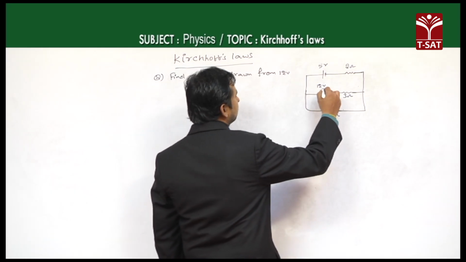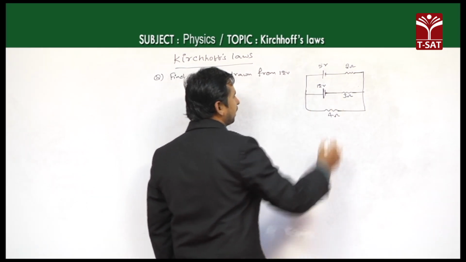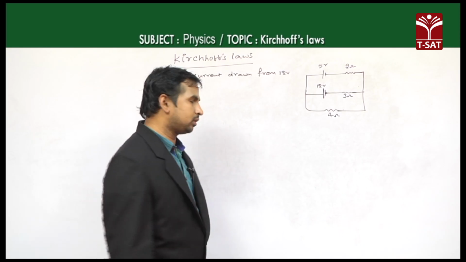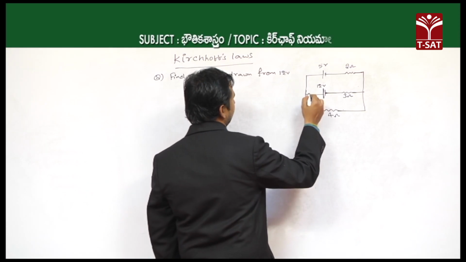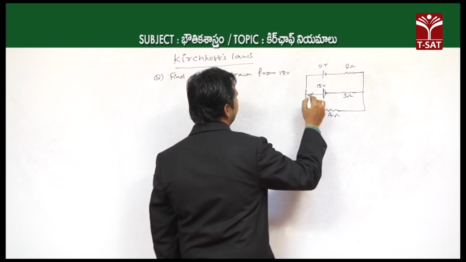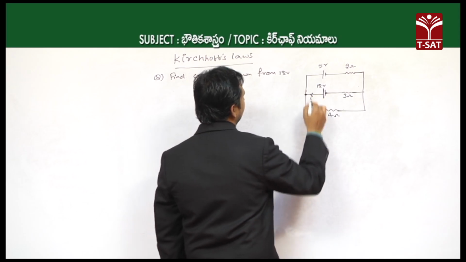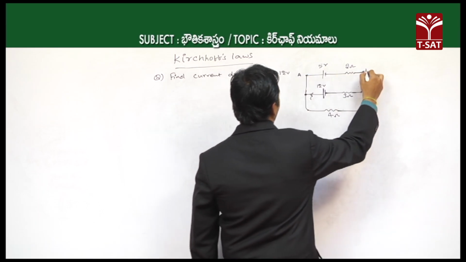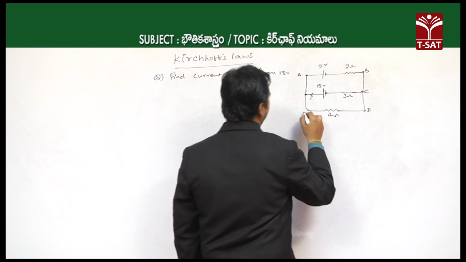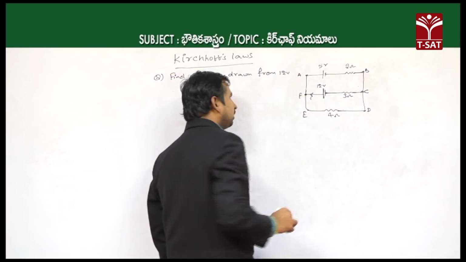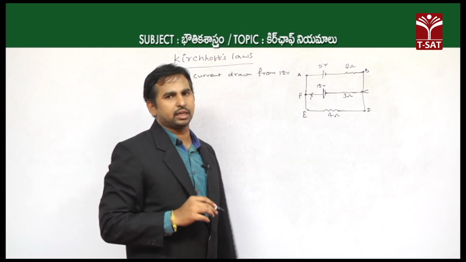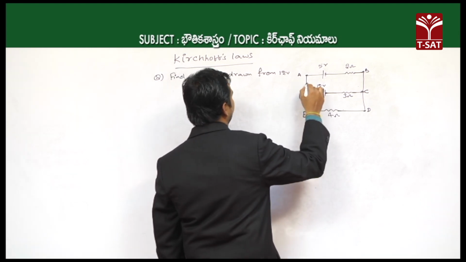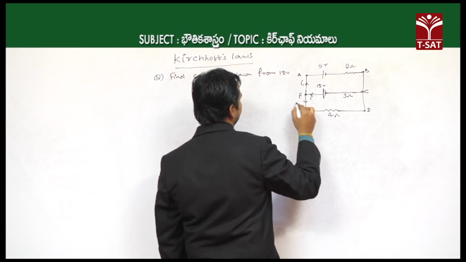Now, at first, considering the direction of the current, the 12 volt battery has the higher potential. Let us suppose the current starts here, and let us label the junction points A, B, C, D, E and F. At junction F the current is incoming, and it splits into two parts, one going up and another going down.